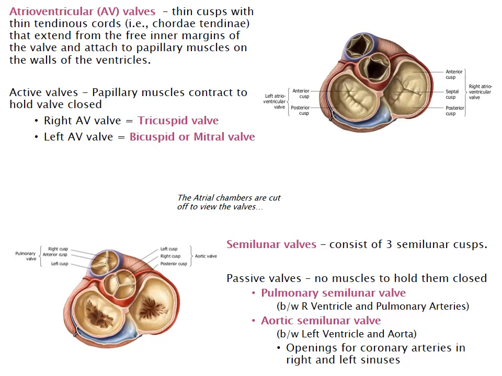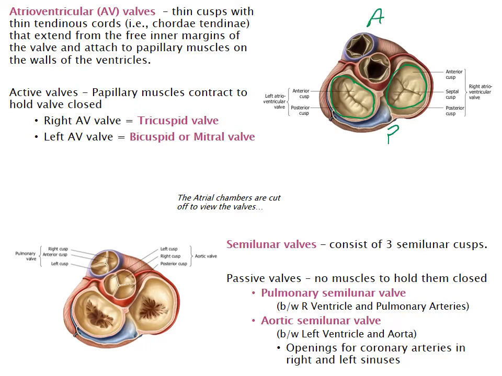So this is a top-down view, and what the illustrator has done is remove the atrium. And so we're looking down onto this left atrioventricular valve here and the right atrioventricular valve here. So this is posterior, this is relatively anterior on the heart.